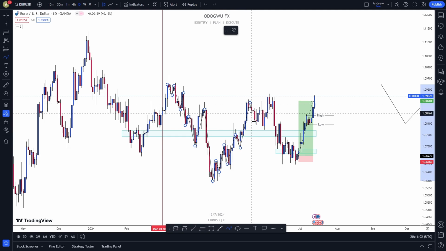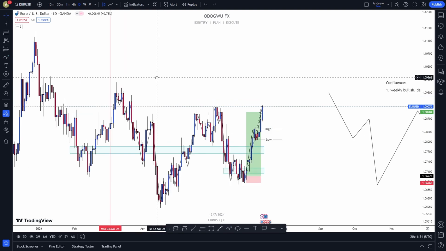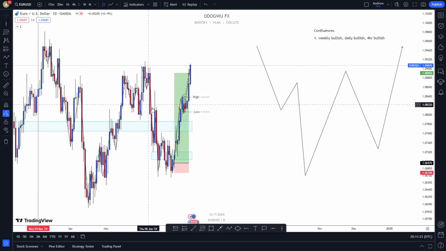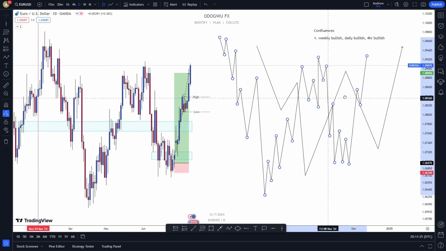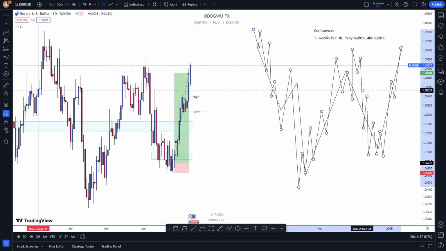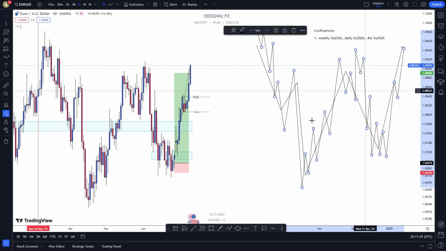So we have structure like this. What I'm doing now is simply marking out the structure so that you can see what goes on when each of the time frames are doing their own different kind of price action. So this is what we have on daily.